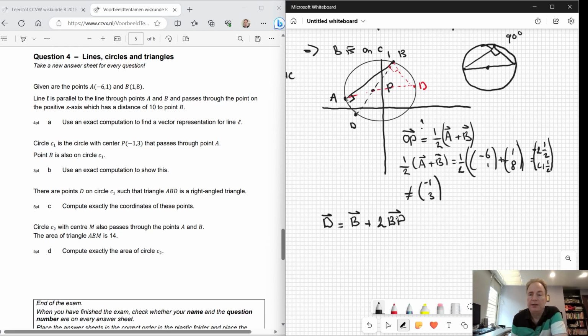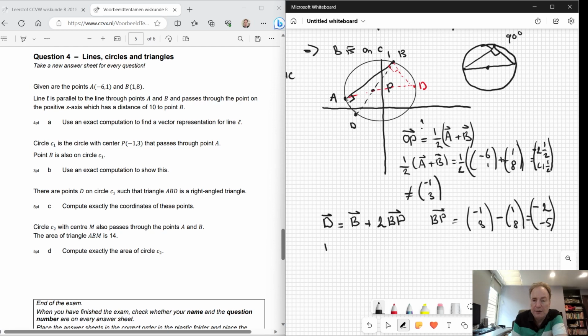So now we just need to figure out, B we know. What is the vector BP? Well, that's the vector P, which is -1, 3, minus B, 1, 8. So that's the vector -2, -5. Right? You can see it's going in this direction, -2, -5. So that makes sense.